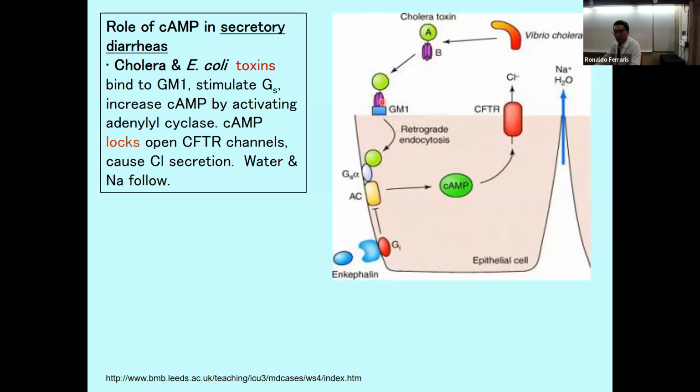It is not there to normally recognize cholera toxin. Just like COVID-19 viruses use ACE2 to enter our bodies, this toxin also hijacks a regular component of the apical membrane of intestinal cells.